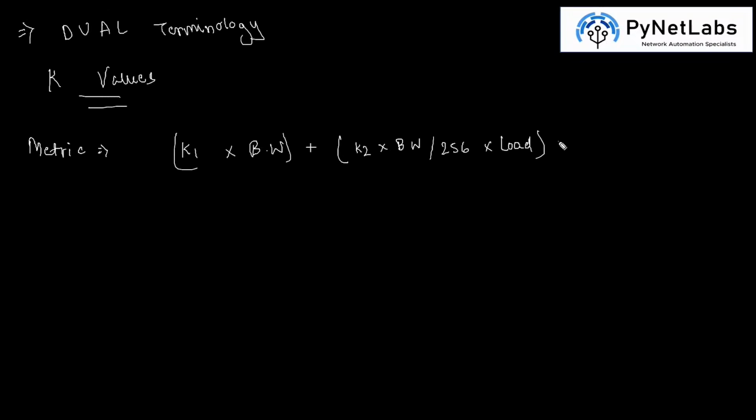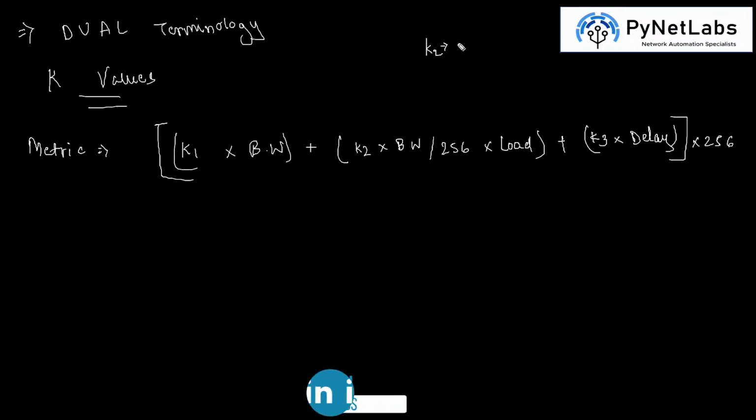Now after this, you have to add K3 multiplied by delay, and the whole of this gets multiplied by 256. Now I want you guys to understand something that we learned just now, that K2 is considered as 0, right?